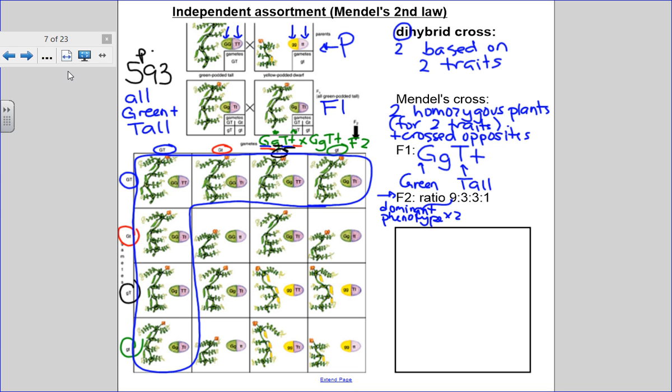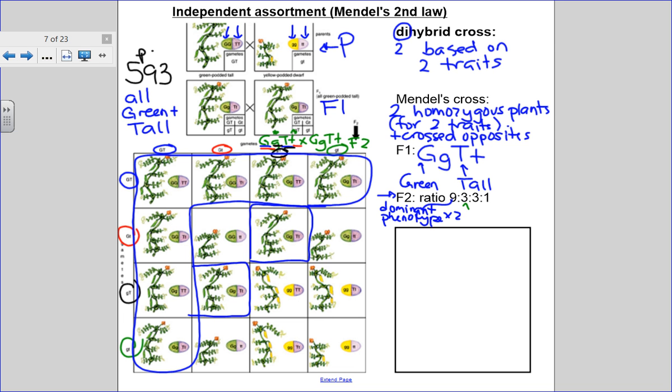Everything that's kind of on the outside and on the left has at least one copy of the dominant allele for both characteristics, as well as this guy and that one. So in total, if I count, there are 9 of the 16 possible combinations of offspring that would show the dominant phenotype. They don't all have the same genotype, but they would all have at least one copy of the dominant allele.